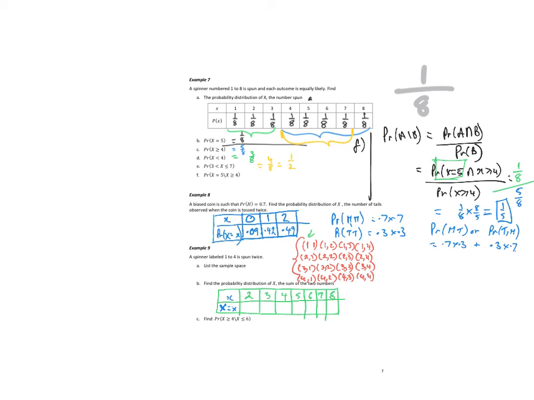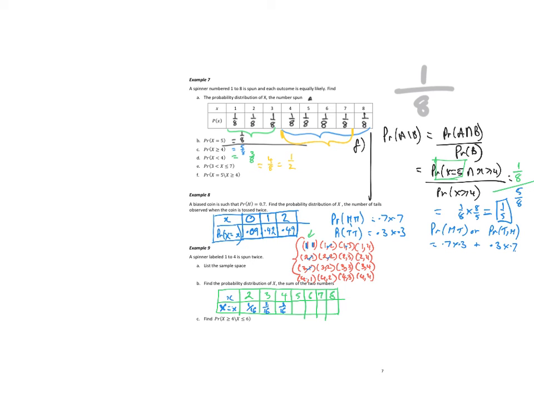So how many ways can I get a total of 2? There's only one, and that's 1,1. So that's 1 out of 16 different outcomes. How can I get a 3? 2,1 and a 1,2. 2 out of 16. How many ways can I get 4? 3,1, 2,2, 1,3.